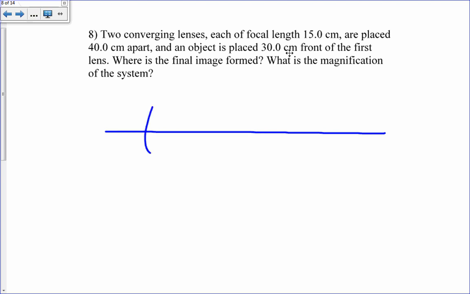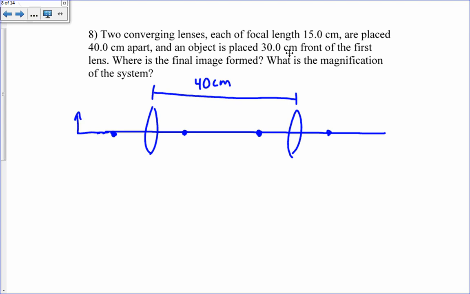I have one lens here, another lens here. Focal lengths are here, here. They're separated by a distance of 40 centimeters. And the object is placed 30 centimeters in front of the first lens. So let's see. The object is right here.